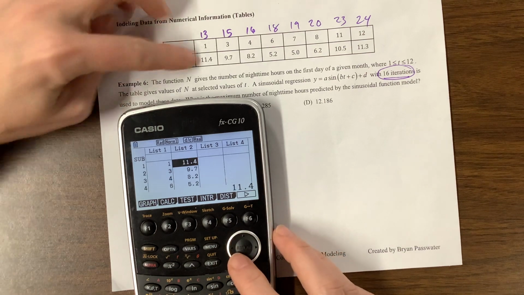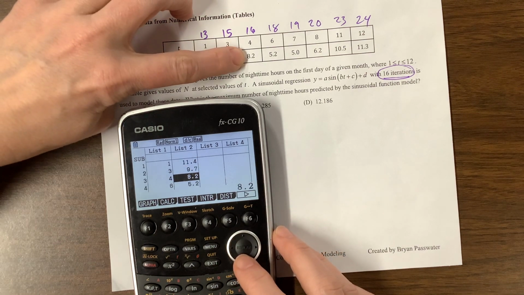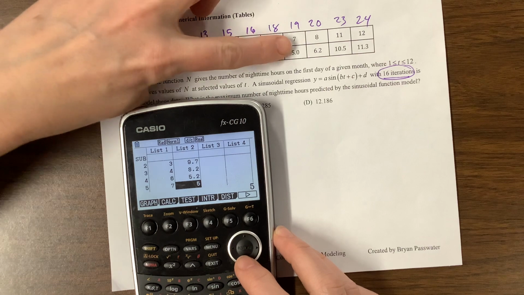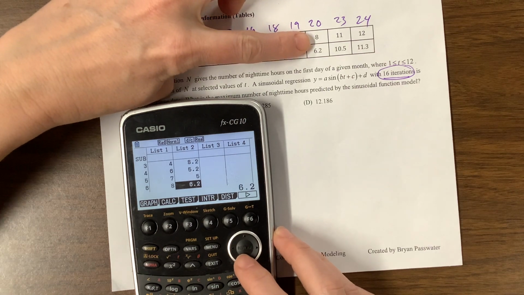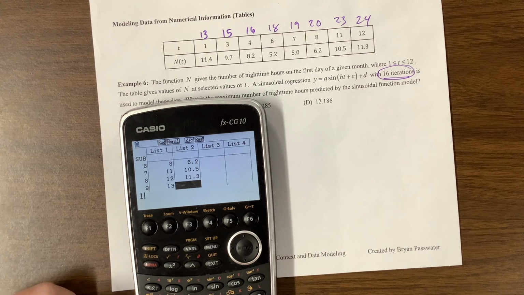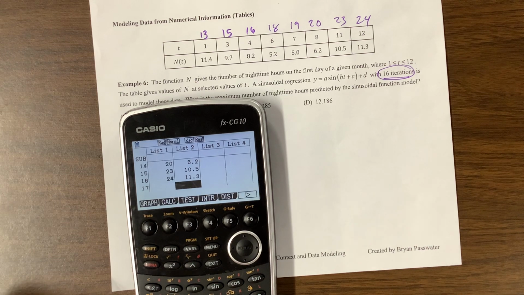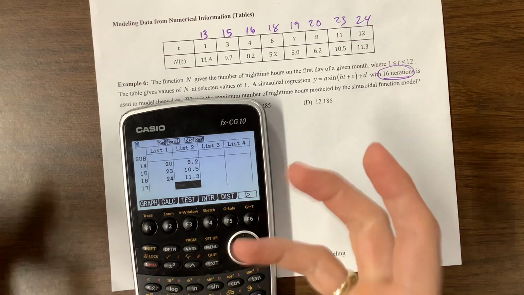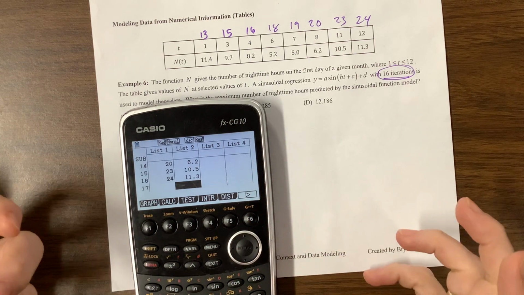It was 11.4, 9.7, 8.2, 5.2, 5, 6.2, 10.5, 11.3, and then we would do it again. 11.4, 9.7, 8.2, 5.2, 5, 6.2, 10.5. This is why I don't think AP would ask us to do this, because it just gets to be a tedious data entry problem.